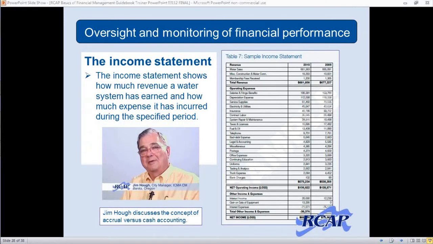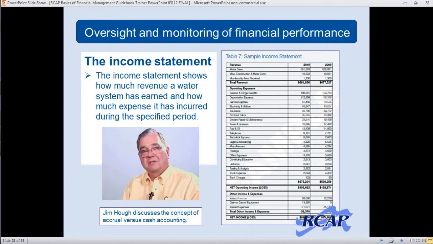Accrual accounting is different from the way most people conduct their own personal accounting, in that accrual occurs when a debt is obligated. In other words, when you order something, a part, for example, when you order the part, you've incurred the debt, and accrual says that we recognize that debt at that particular point in time.